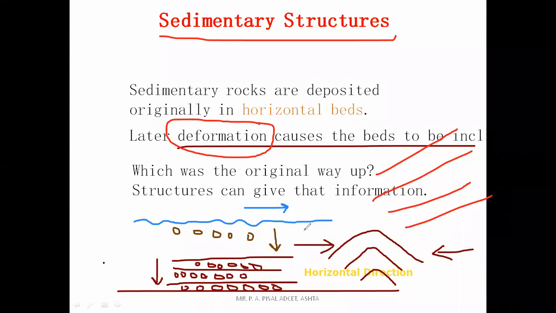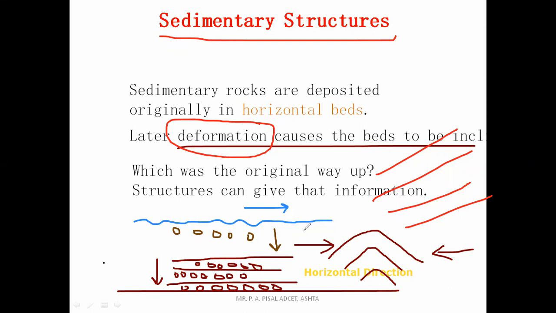Okay, and the various structures are developed due to this deformation, and we are going to discuss these types of deformation, that is, the types of structure present in the sedimentary rock.